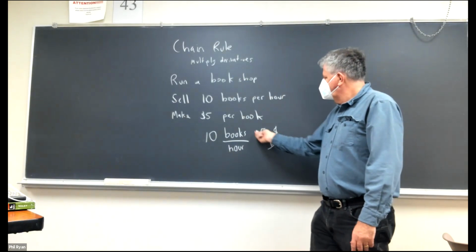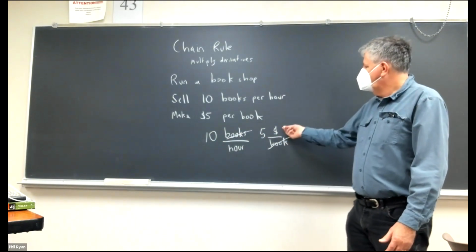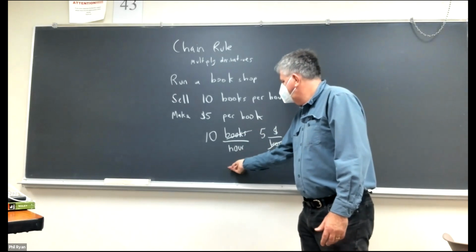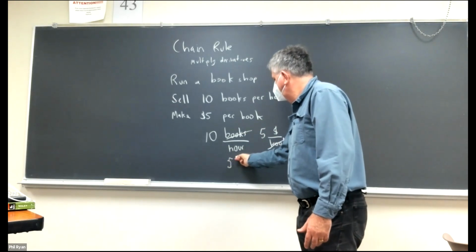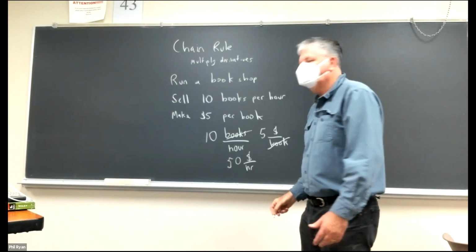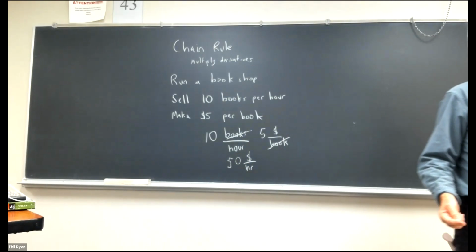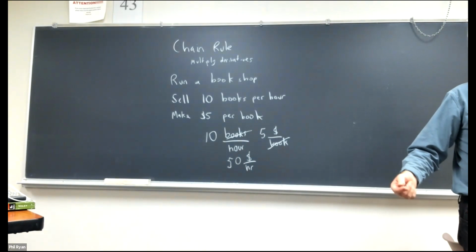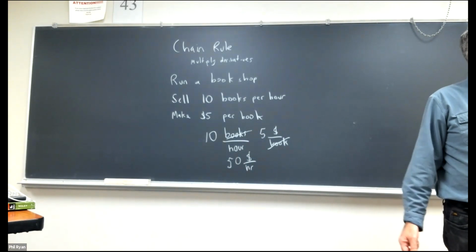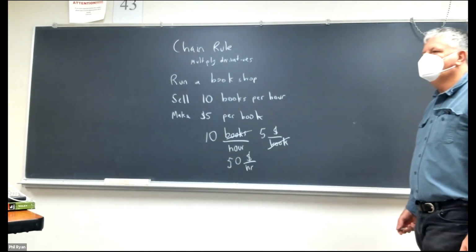Because the books disappear and we're left with $50 per hour. Okay, so we didn't really need any great math to do that. That's just sort of understanding units, really, enabled us to do it.